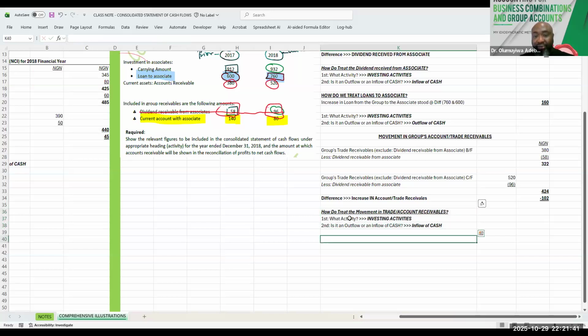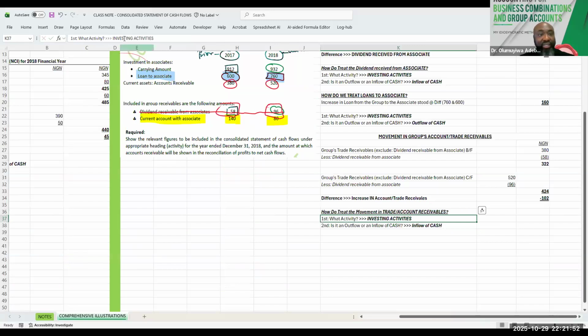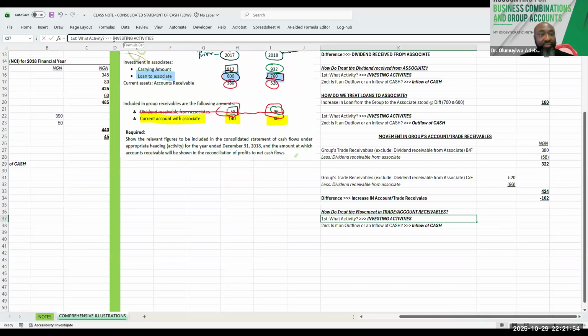Now remember, working capital constitutes part of operating activity. Therefore, we will treat this as operating activity.